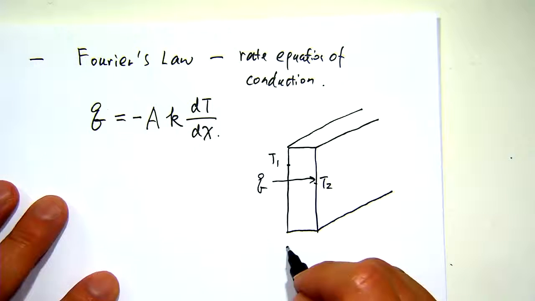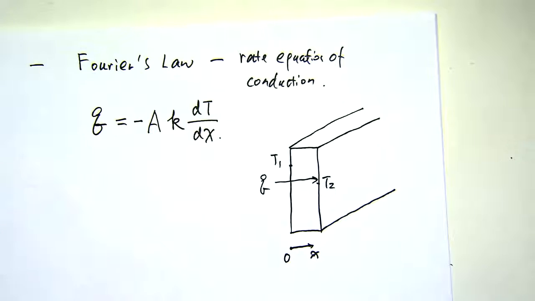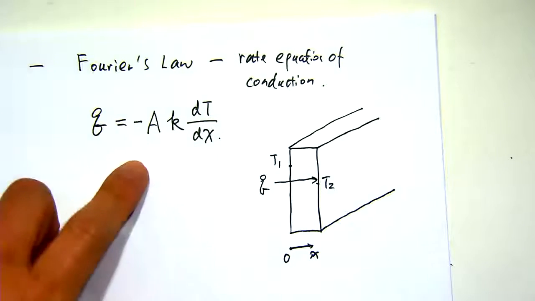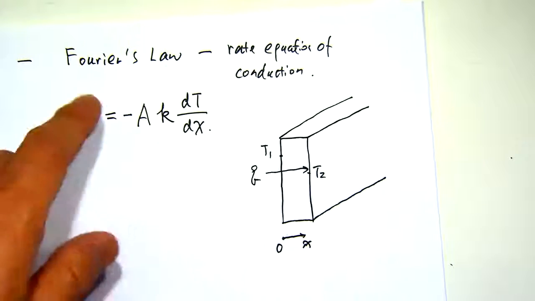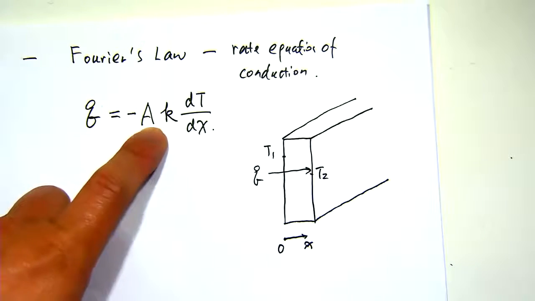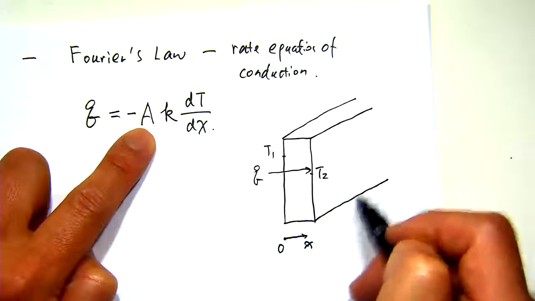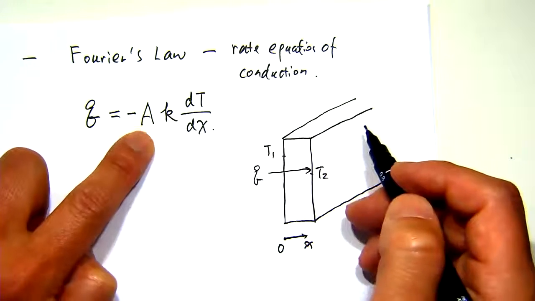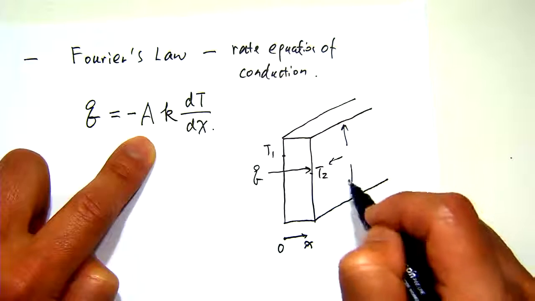And if we define this as 0 and along the heat transfer direction we have the x coordinate, then this says that the heat transfer rate, in watts, equals to the area. What is this area? That's the area of this one, or this one. The area of this.